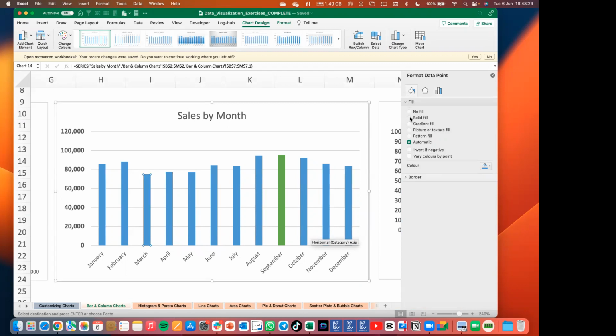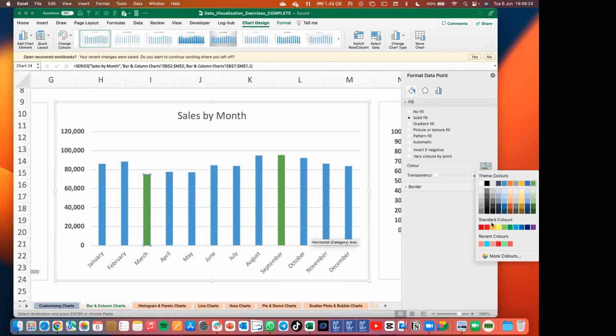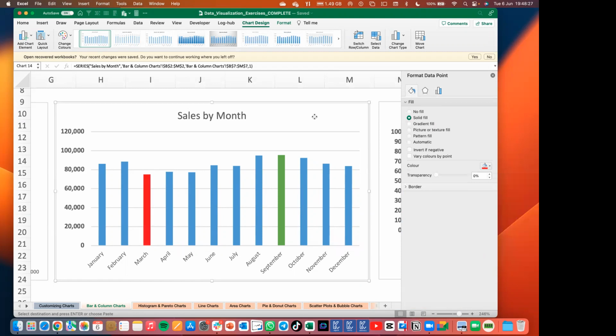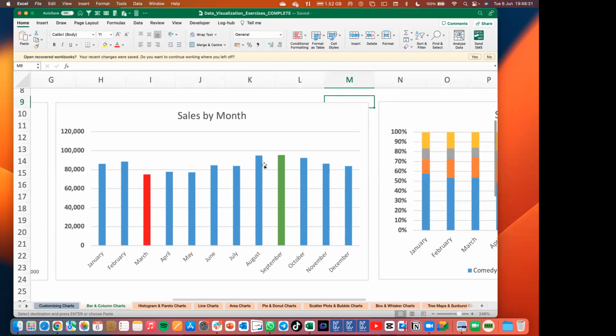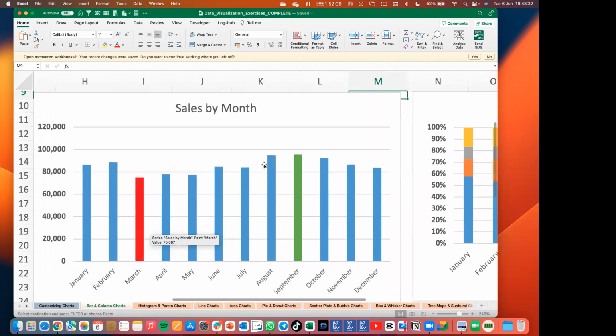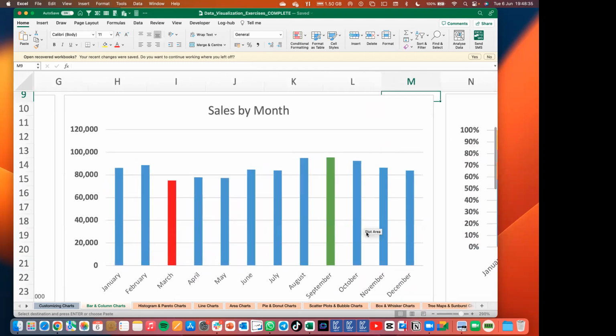I never wanted to go into the practice part of it before we understand the theory. So when I present this chart, even a layman can tell what I'm trying to depict. That person will automatically tell how in September they did well and in March they did the worst.